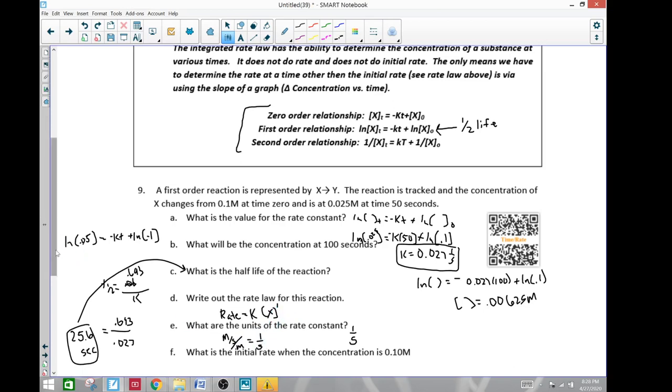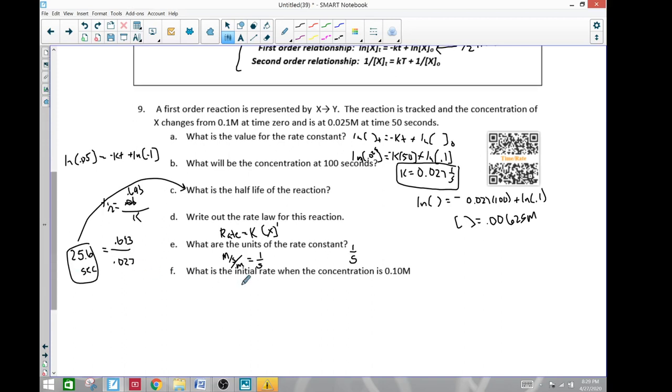All right, what is the initial rate if the concentration is 0.1? This k value here is the same k value as this guy right there. So we'll do that. The rate equals 0.027 times the concentration of 0.1.